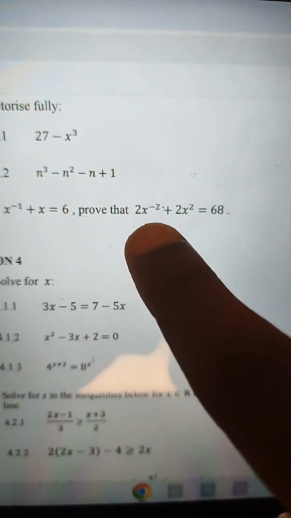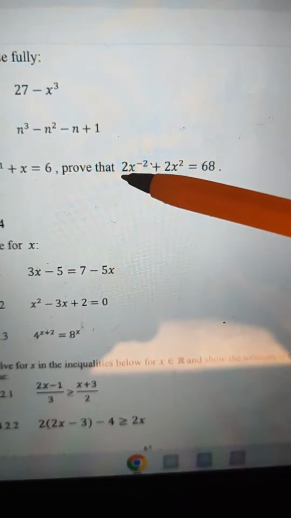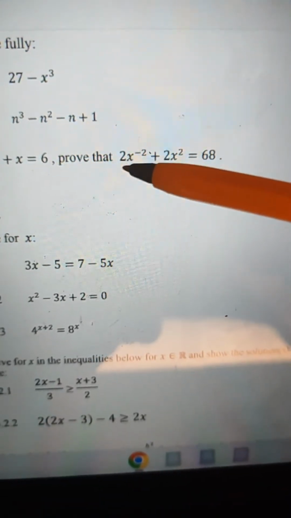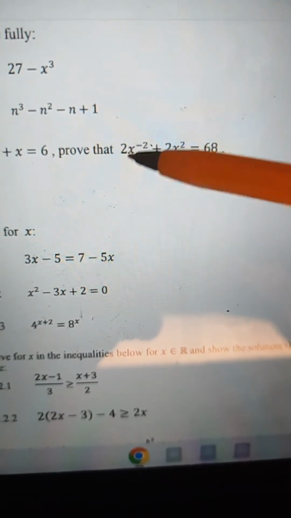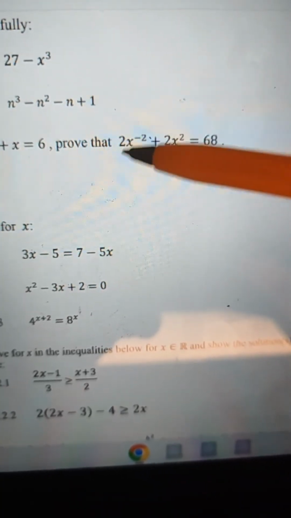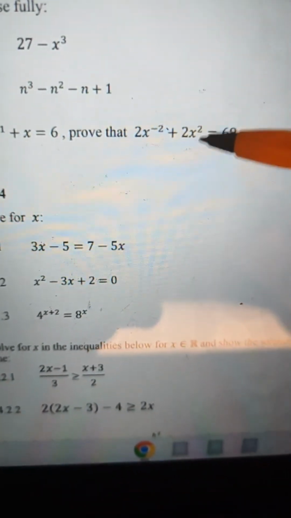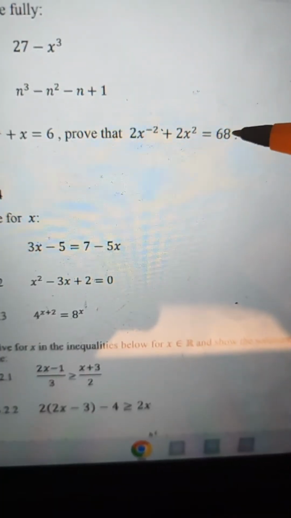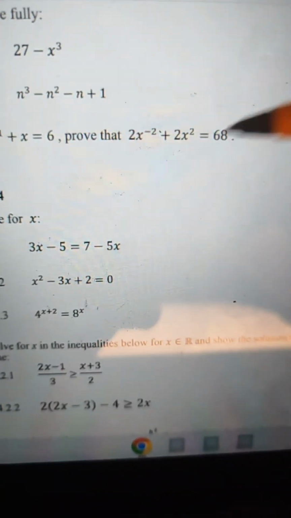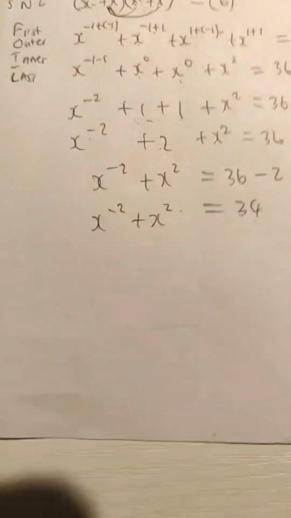Now, let's go back and check what we wanted to actually see. The only thing missing now is the 2. Do you see that? We don't have 2 multiplied to that x to the power negative 2 that we currently have. We don't have 2 here, and the number we have there is 34, not 68. So what are we going to do now? We are going to backtrack.